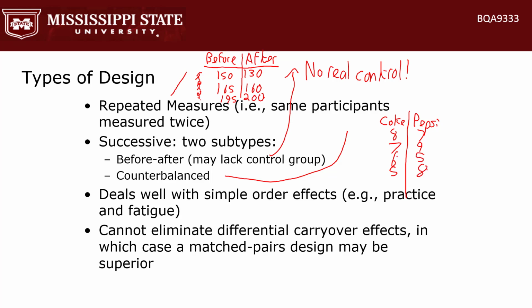The key with counterbalancing is we'd have about 50% of people ordered A and B, in this case, Coke and Pepsi, and 50% B and A, which would be Pepsi and Coke. Now, there may be some what we call carryover effects. If I have one type of Coke, it may be really difficult to taste the second type of Coke because I'm still tasting the first type of Coke.